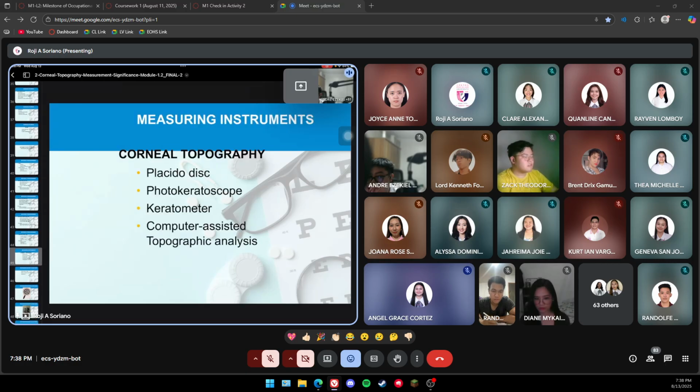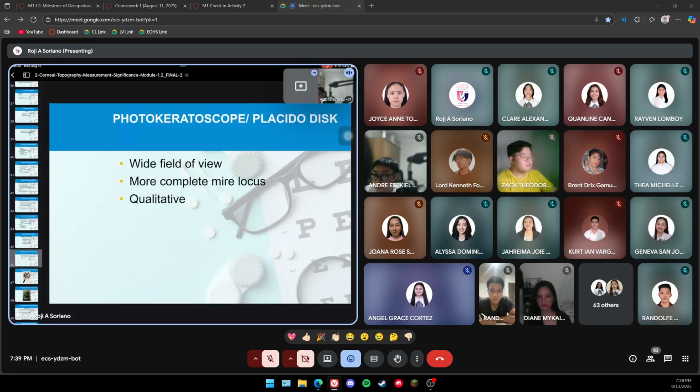Now, using corneal topography, they make use of this Placido disc, the photokeratoscope, you have your keratometer, and the computer-assisted topographic analysis. So this is how it looks like. It has a wide field of view, more complete mires.